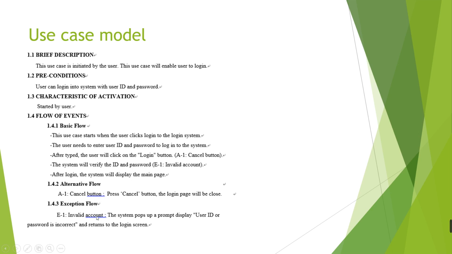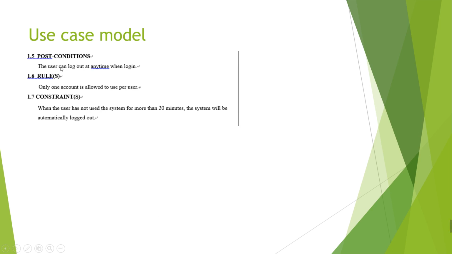E1, invalid account: the system pops up a prompt displaying that the user ID or password is incorrect and returns to the login screen. The rules are that only one account is allowed per user, and if the user has not used the system for more than 20 minutes, the system will automatically log out.